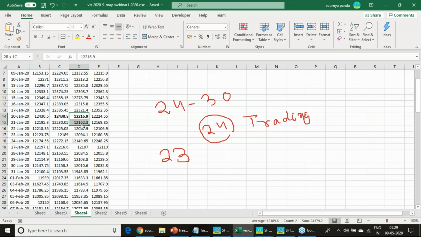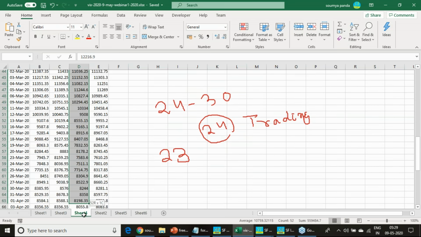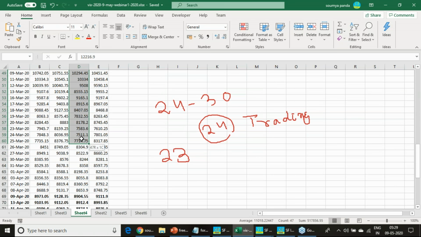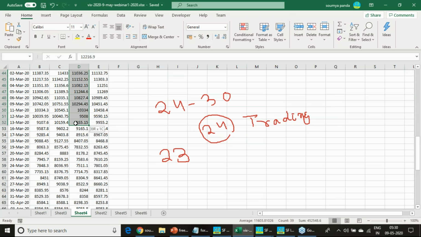If you take 20th January to that March, whenever we had that 7,511, if you just go through this, it is 46 trading days.